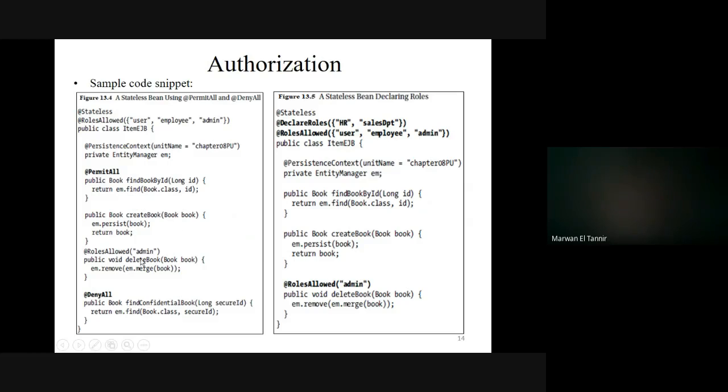We use declarative security on beans. Remember, this is for authorization. So any user with role admin is authorized to use this method, while the remaining roles, employee or user, cannot use this one.